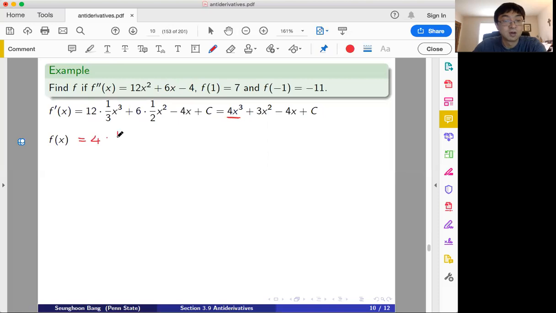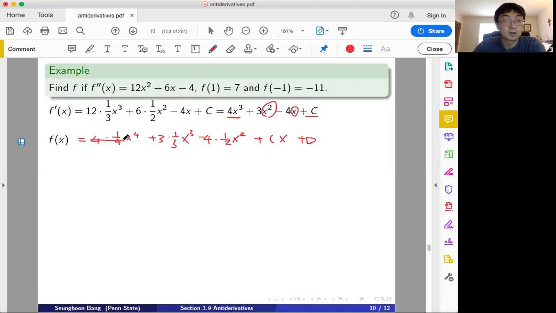4 times 1 over 4 x to the 4, plus 3 times antiderivative of x squared is 1/3 x cubed, negative 4 times antiderivative of x is 1 over 2 x squared. So c has only c times x plus another constant d.